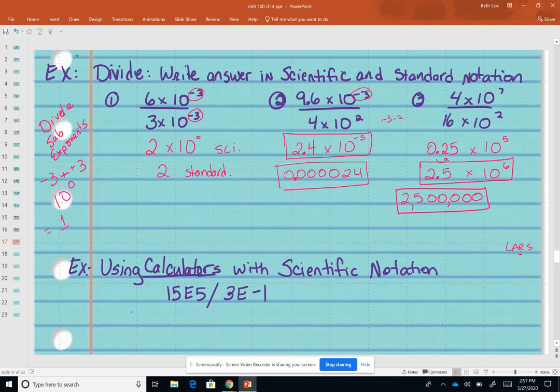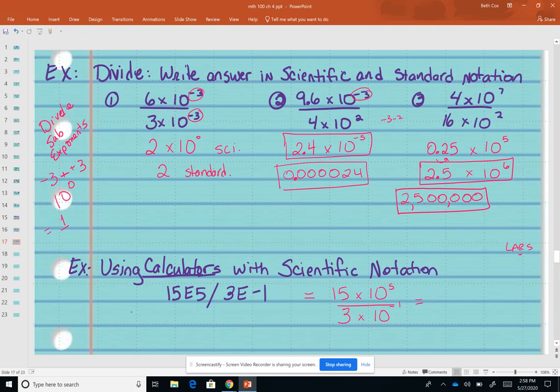Okay, now this very last one, the calculators with scientific notation. This is the way many calculators use scientific notation. They just put an E on the display. They don't have the times 10 to the anything, and people really freak out. But what this means is 15 times 10 to the 5th divided by 3 times 10 to the negative 1. Okay, that's what that means.